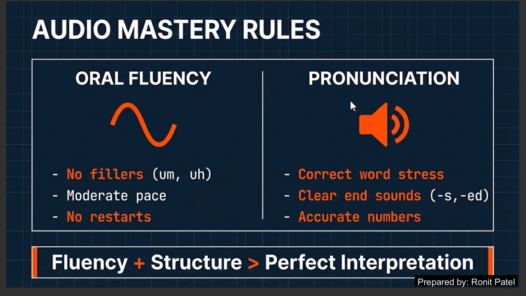Pronunciation rules are: use correct word stress, use clear ending sounds like s and d that should be perceptible, and use accurate numbers. Last, the golden formula: fluency plus structure is more important than perfect interpretation. Always remember this. Very important.